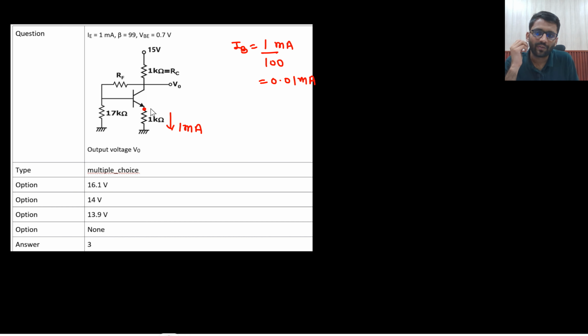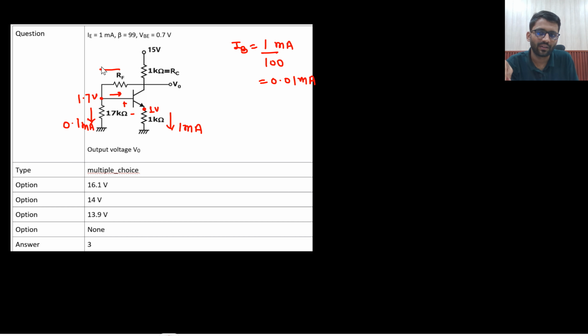Now this voltage will be 1 volt, right? Because 1 kilo ohm into 1 milliampere will be 1 volt, and VB is 0.7, so this would be 1.7 volt. And 1.7 divided by 17 would be 0.1 milliampere, and this is 0.01.